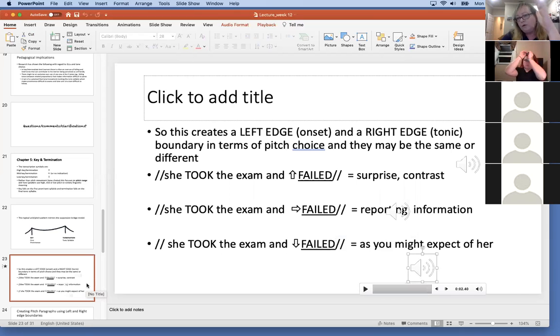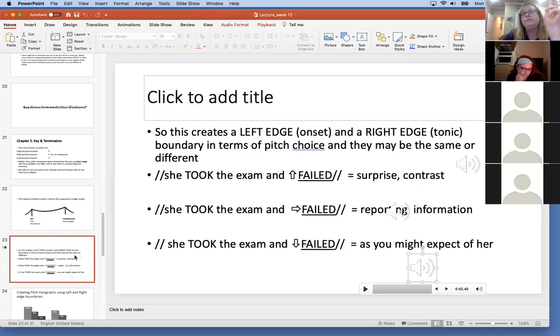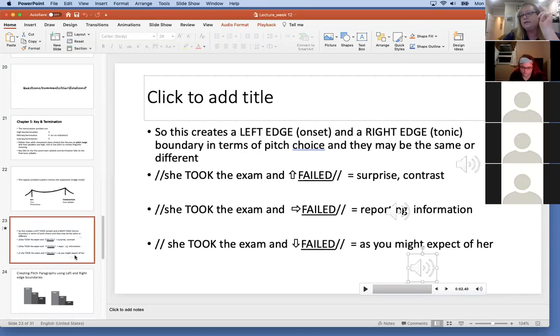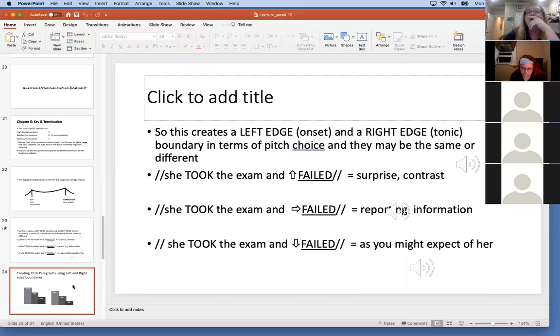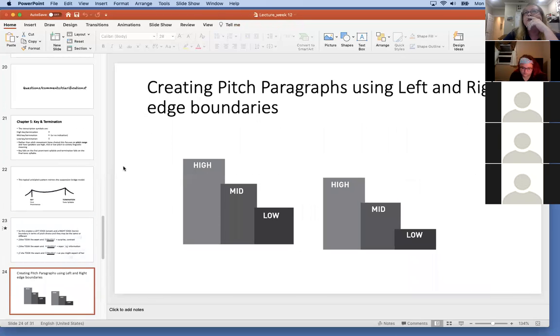One of the most important things, if you're struggling to hear some of these differences, don't let that get you down. It's hard when these units are so small. There's two big things that happen when you have a left and a right edge boundary tone, and those are the things I really want you to focus on. The first thing you can do is create pitch paragraphs, right?